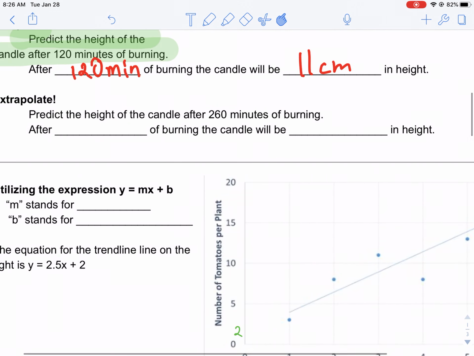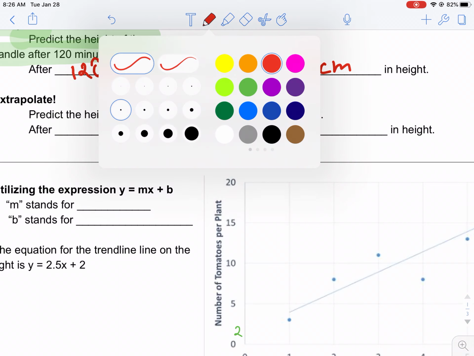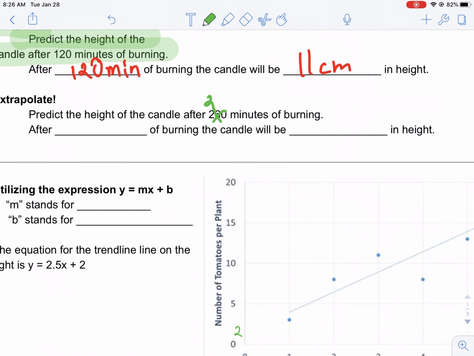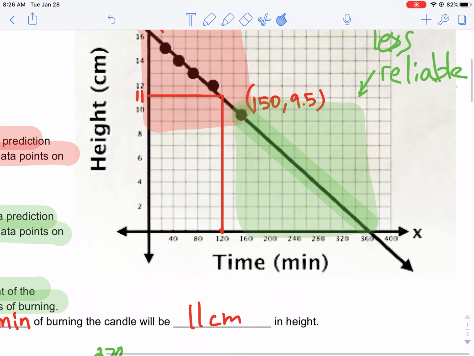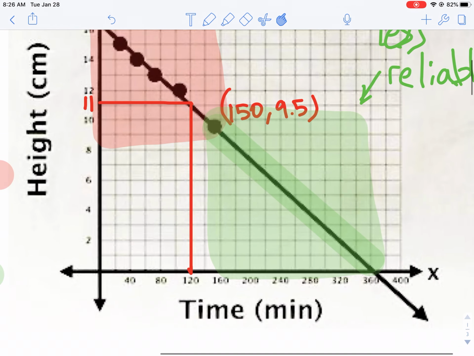Predict the height of the candle after 260. I think this was a typo. Cross this out and write 270 minutes of burning. So after 270 minutes of burning, how high will this candle be? Let's go to 270, up to the trend line, and over.